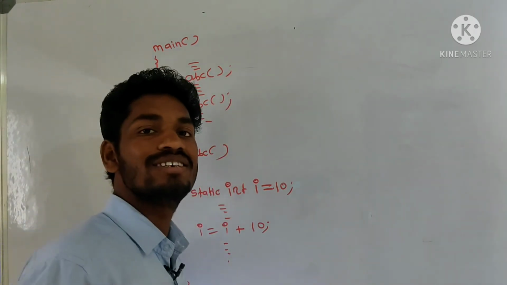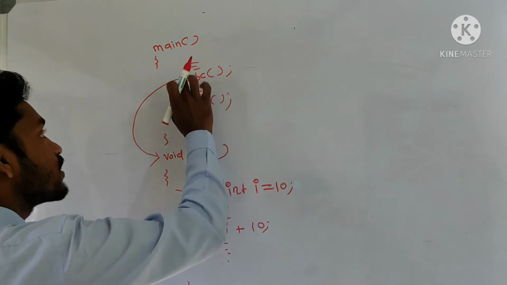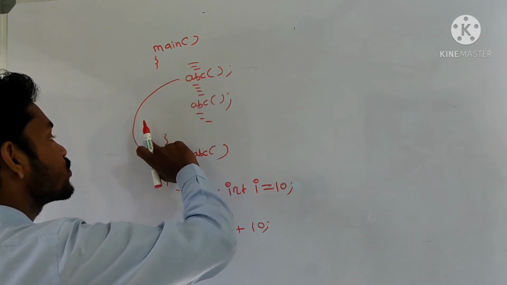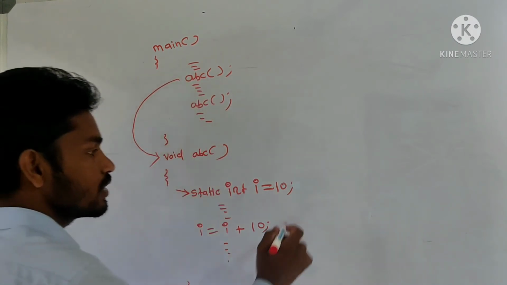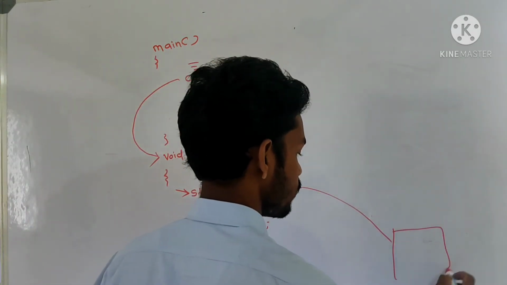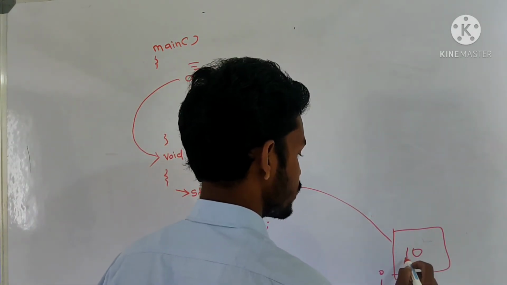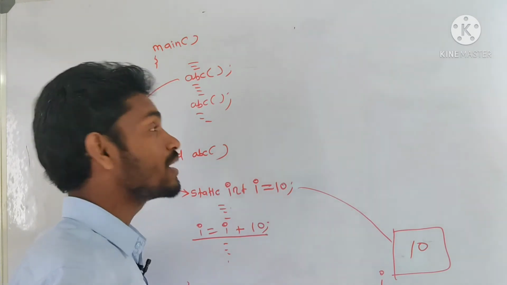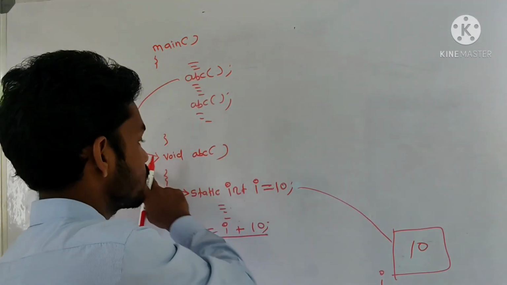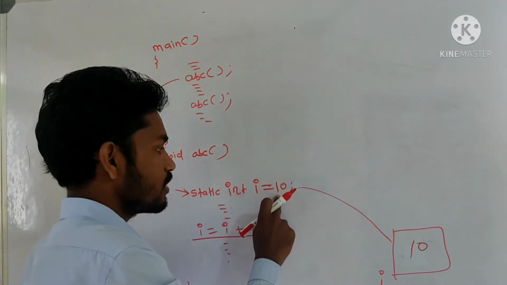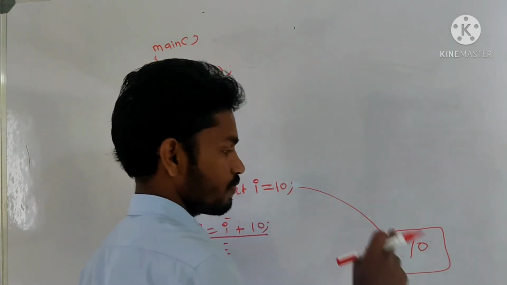the first time the main function calls the abc function, the memory is allocated for this variable i, and its value is 10. The static variable is declared and assigned the value 10.